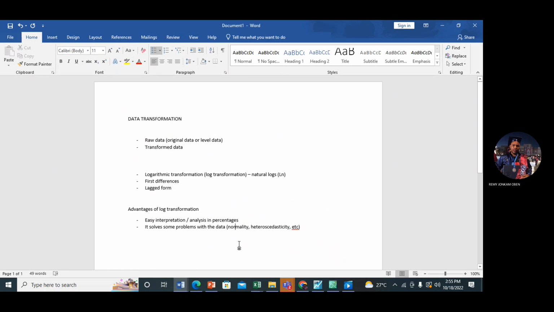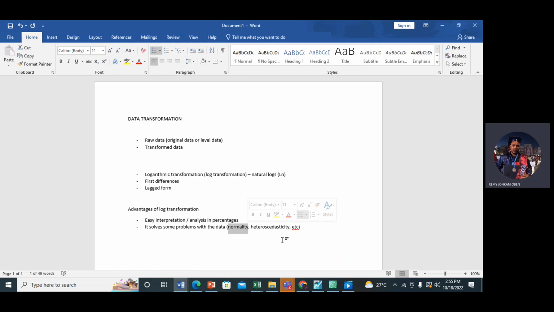Also, if your data is not normally distributed, at times if you take log transformation, it makes the data become normally distributed. So it solves that problem. And I've shown you how to test for normality using Jarque-Bera tests. So log transformation helps to solve some of the problems with the data.